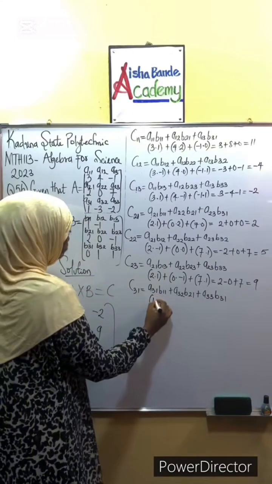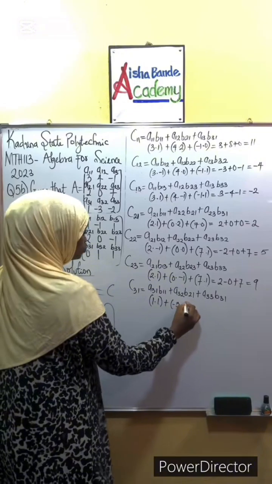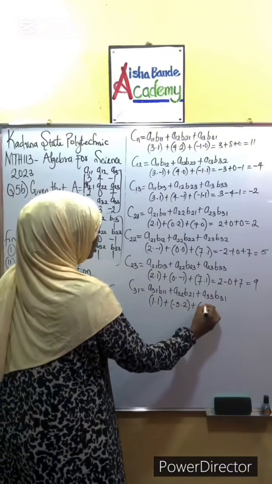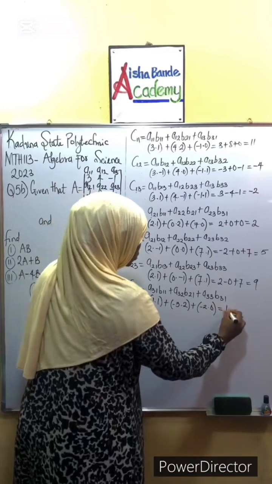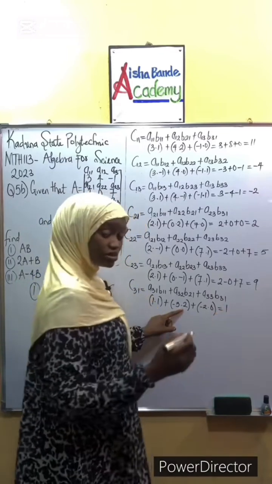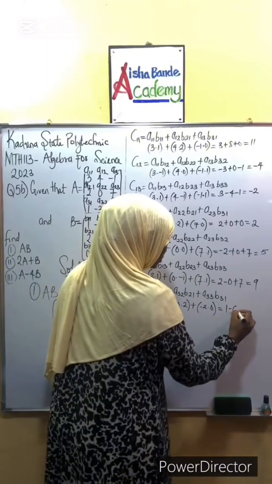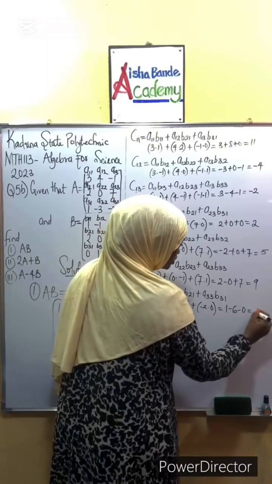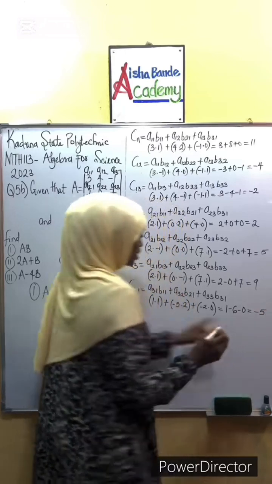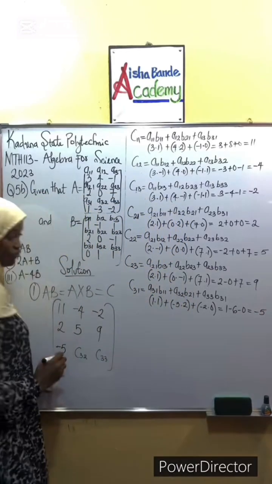Here it is 1 multiplied by 1, plus minus 3 multiplied by 2, plus minus 2 multiplied by 0. Simplifying, 1 times 1 is 1, minus 3 times 2 is minus 6, then minus 0. So 1 minus 6 minus 0 is minus 5. So our C31 is minus 5. So we substitute minus 5 here.